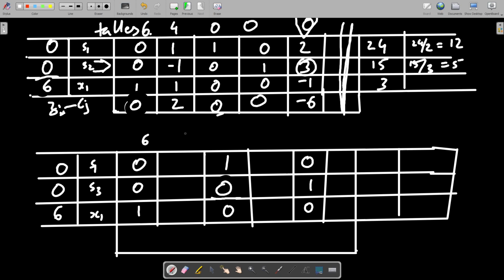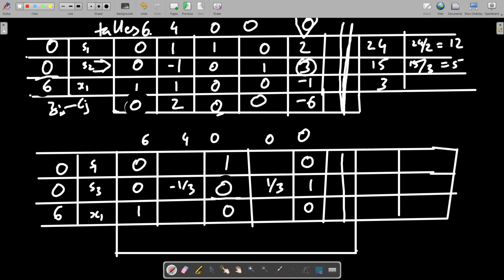So this is going to be 6 4 0 0 0. Again I drew one extra column. Okay, now mind. So this will become minus 1 by 3 and this will become 1 by 2.